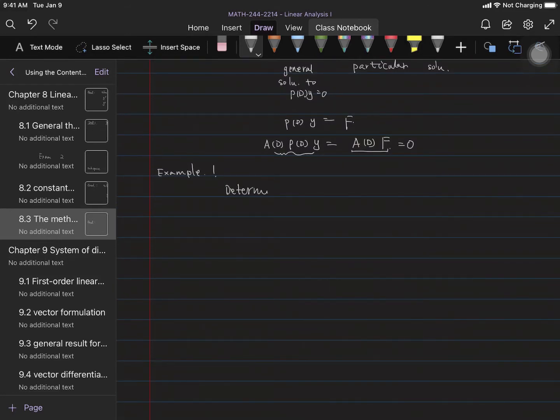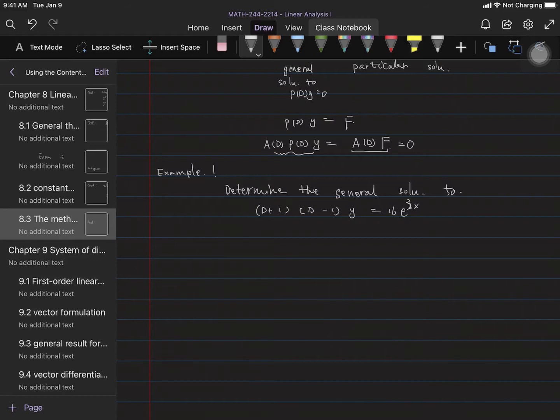Determine the general solution to this non-homogeneous differential equation: (D + 1)(D - 1)y = 16e^(3x). Definitely this is not a homogeneous differential equation because the right side is 16e^(3x).